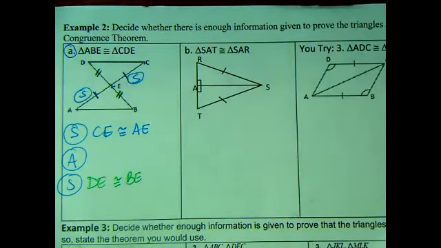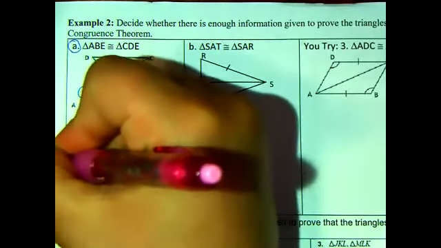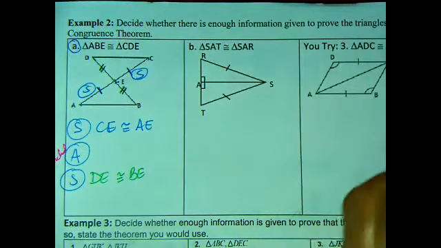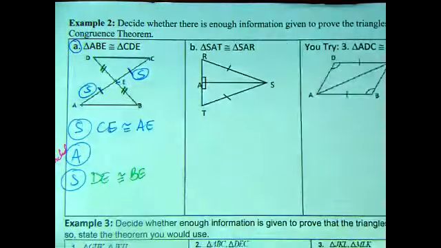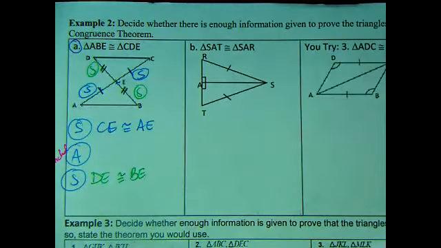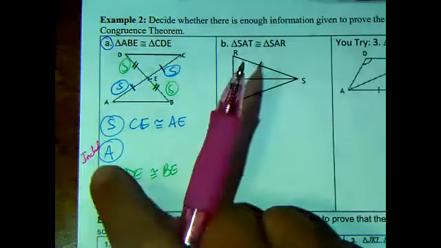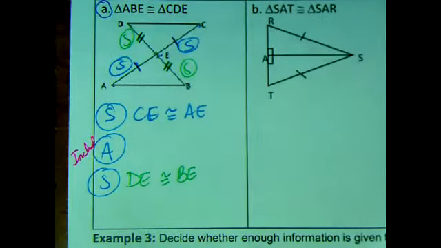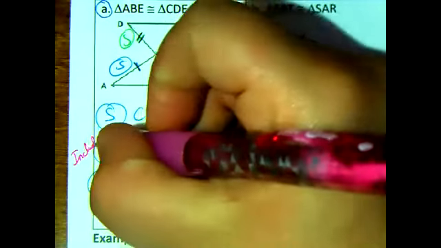Okay, which leaves the angle, and my angle needs to be included. That means it needs to be between the two sides in each triangle. You can't see what you wrote next to the A. Oh, my bad. It's really tiny, but I wrote included. That's supposed to say included.